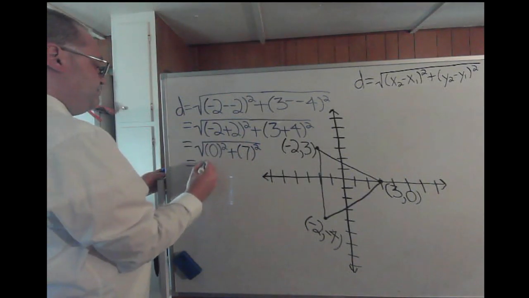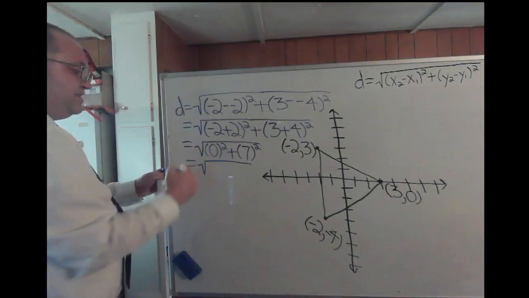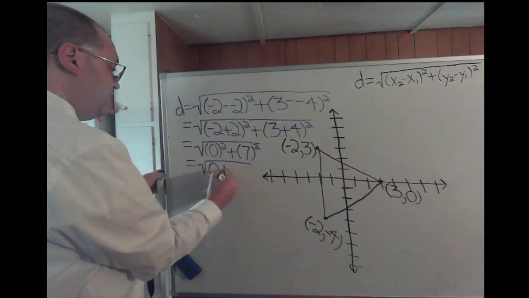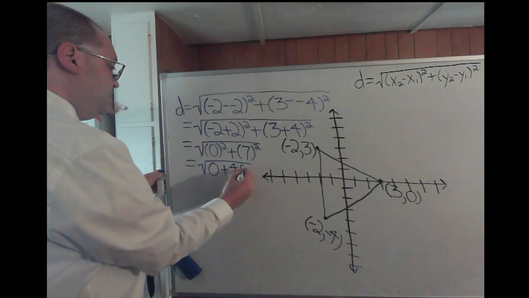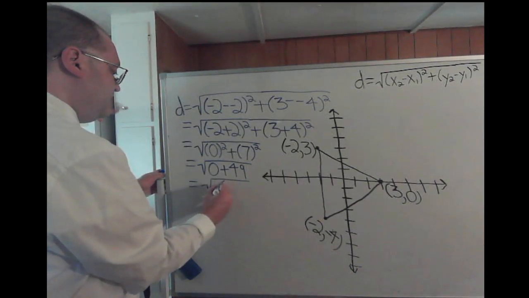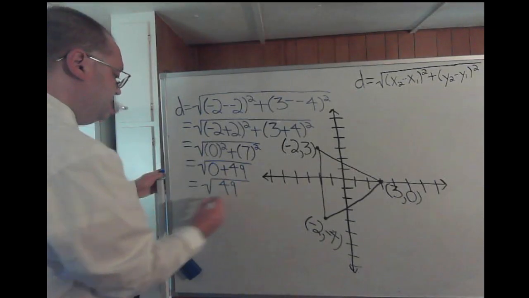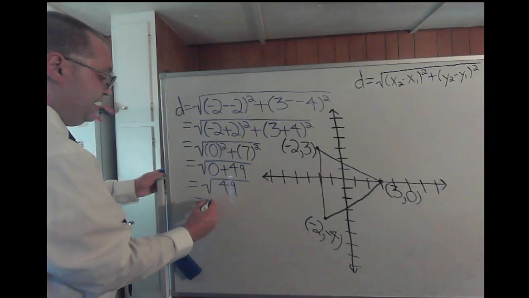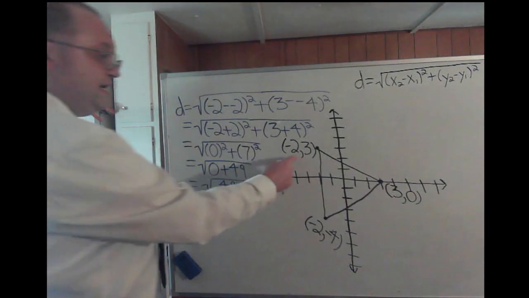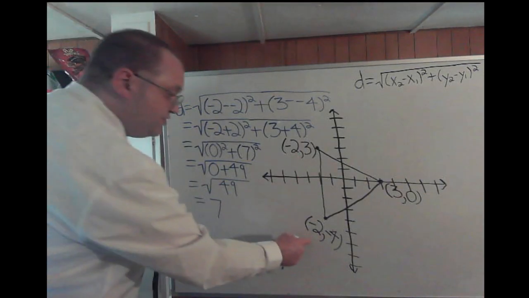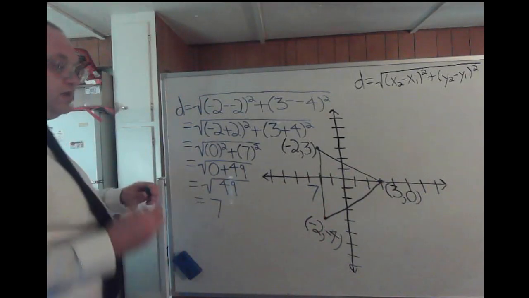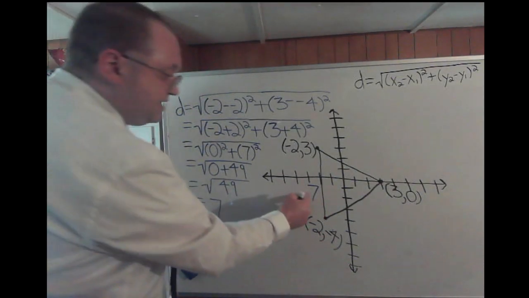So let's do the exponents now inside the square root. 0 squared is 0, plus 7 squared is 49. So inside the square root you just get 49, and the square root of 49 is 7. So we got the distance between -2, 3 and -2, -4. That's a distance of 7. We know one distance now. I'm going to put it right next to that side.